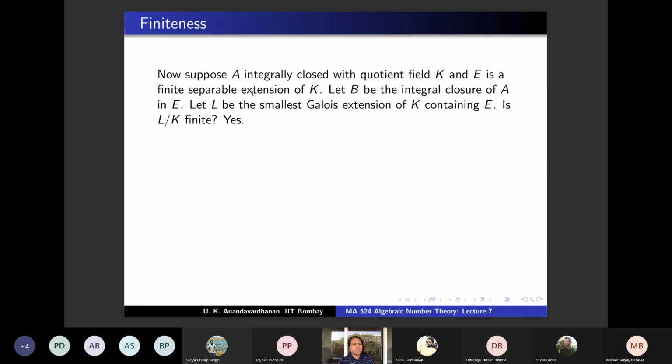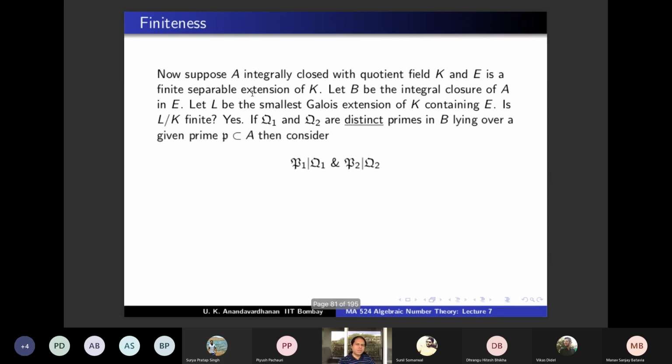So we know that there are only finitely many primes lying above P in the integral closure of A in L. Why? Because all the primes lying above are Galois conjugates, and the Galois group is finite. There are only finitely many, and that's enough. So if Q1 and Q2 are distinct primes in B, where B is the integral closure of A in E, and L is the Galois closure, consider P1 lying over Q1 and P2 lying over Q2.